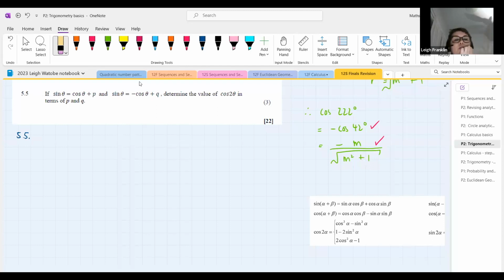So in terms of P and Q means that we want P's and Q's in our answer, don't we? Okay. So no, that's not possible in this case, Jude.